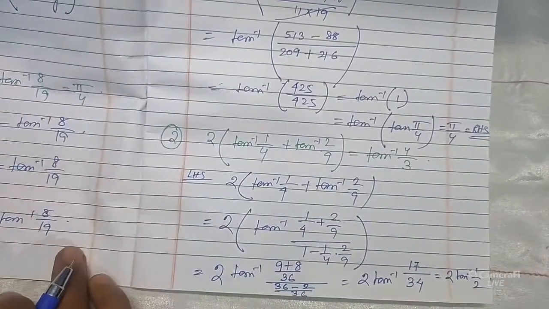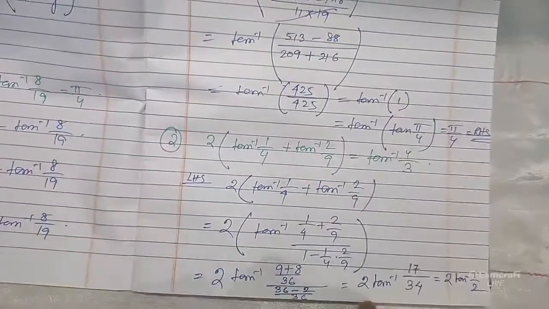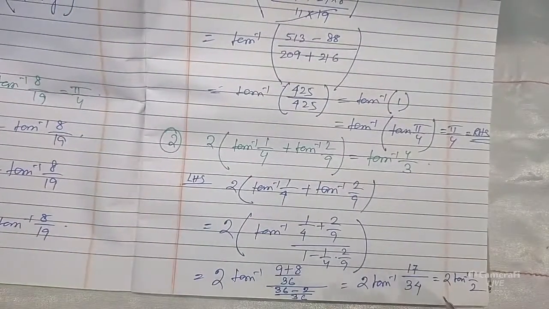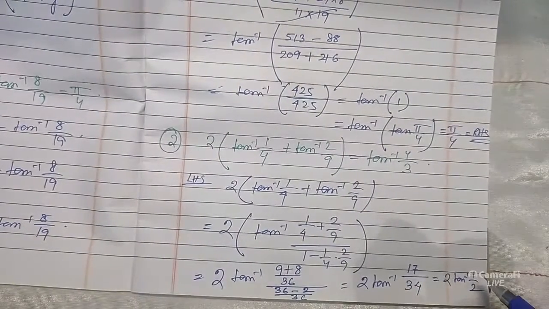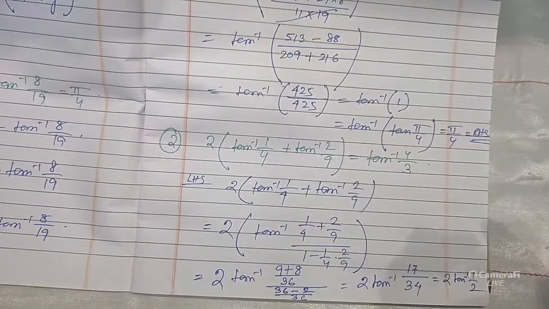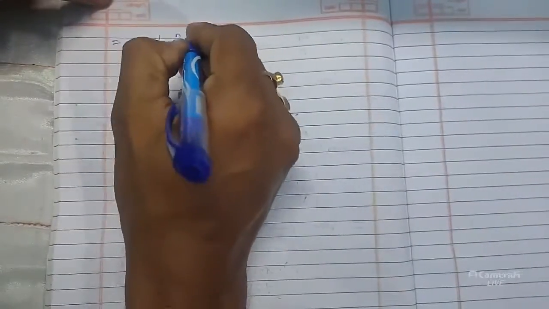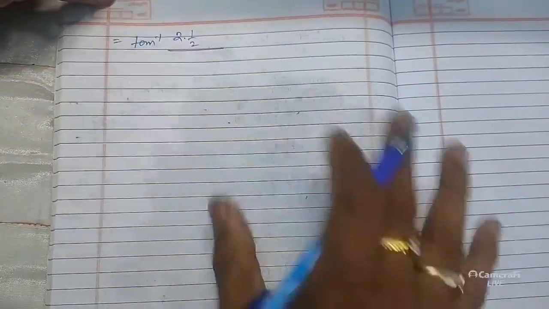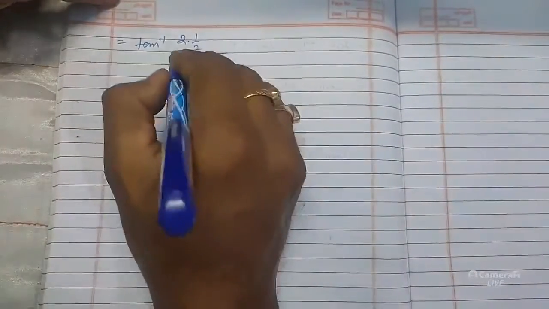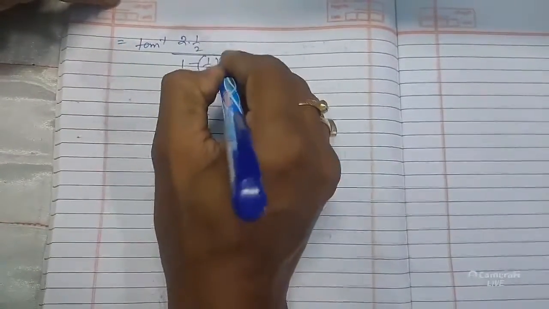Now this 2 tan inverse half we can change, because we know that the formula of 2 tan inverse x is equal to tan inverse 2x by 1 minus x square. So that formula we can apply here. So this is equal to tan inverse 2 into half by 1 minus half square.